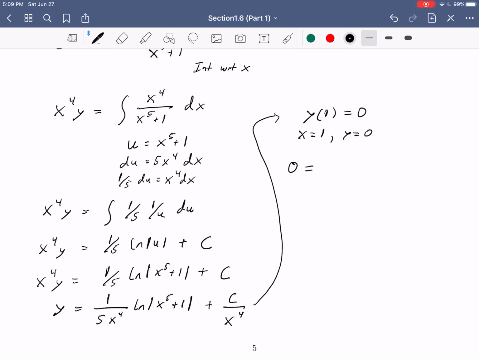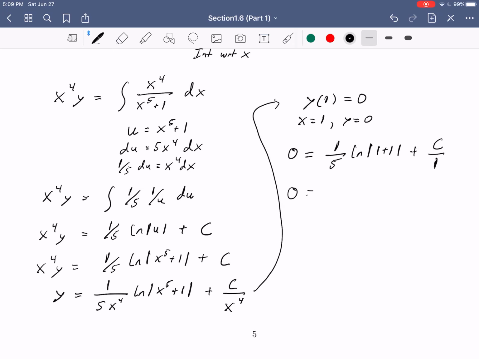0 is going to be 1/5 ln of 1 to the fifth plus 1, plus c over 1. So it looks like we get 0 is 1/5 ln of 2 plus c. So it looks like c is negative 1/5 ln of 2.